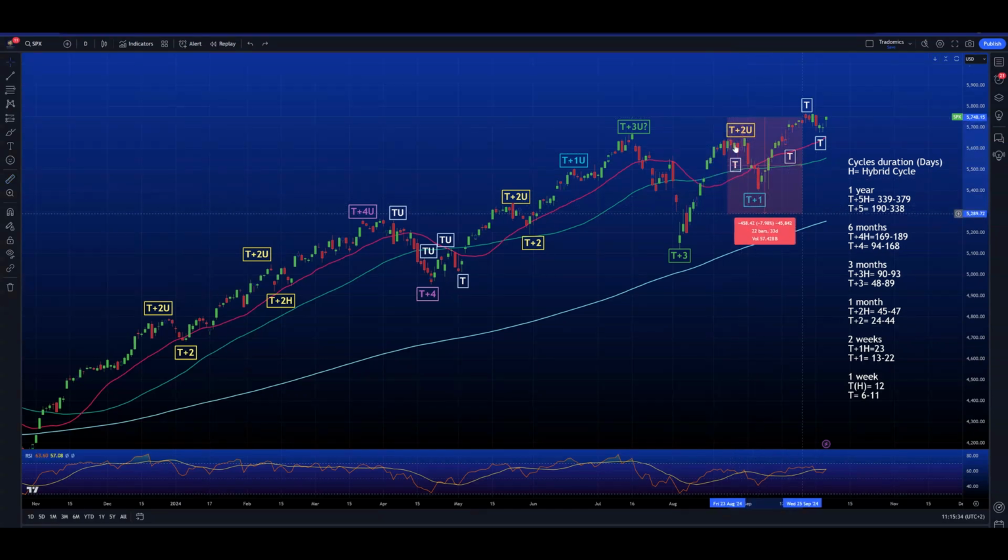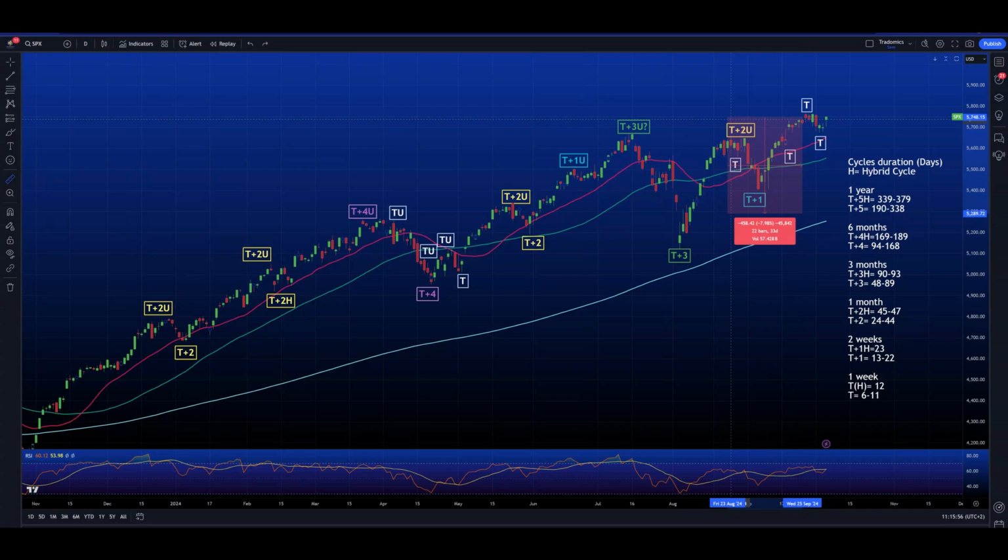Conservative approach means that from this top to here we have 22 bars. Therefore, here we don't have enough time to finish a T plus 2. This means that we will return back to at least this top to complete the T plus 2, because now 22 bars are not enough.